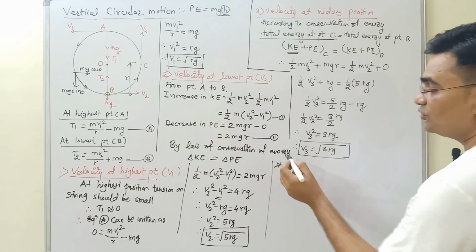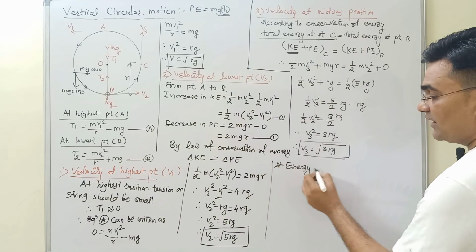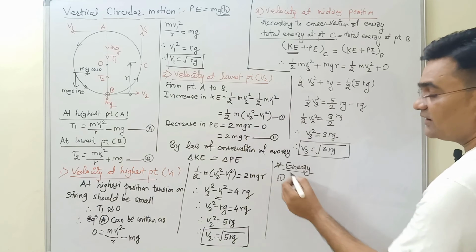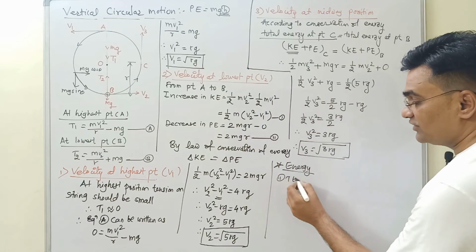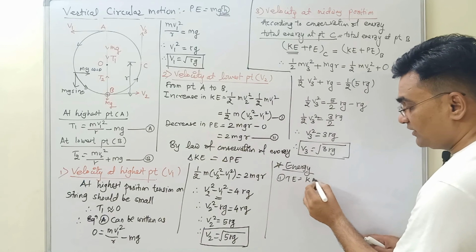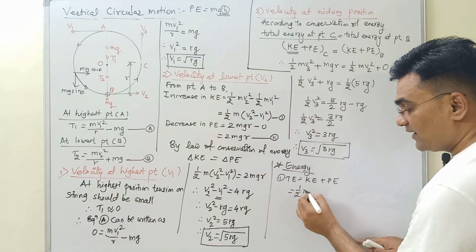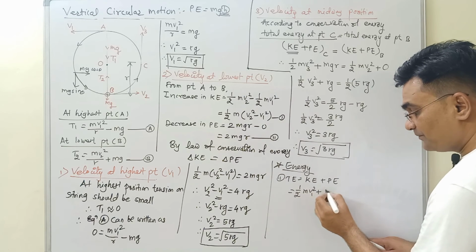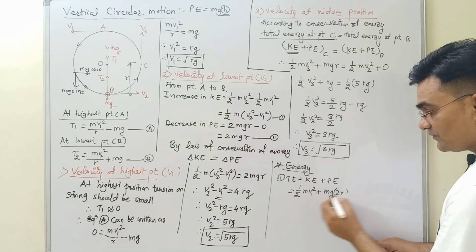Now, a few things you need to keep in mind. You are going to find energy at any point. Say I take the highest position; how do we find energy there? Total energy equals kinetic energy plus potential energy. Kinetic energy is half m v1 square, plus potential energy mg into 2r.